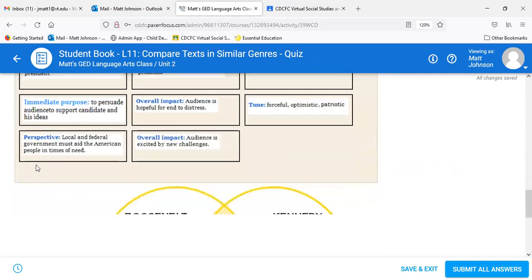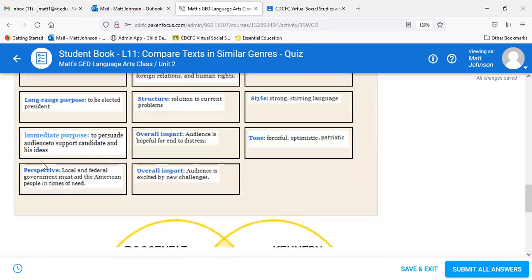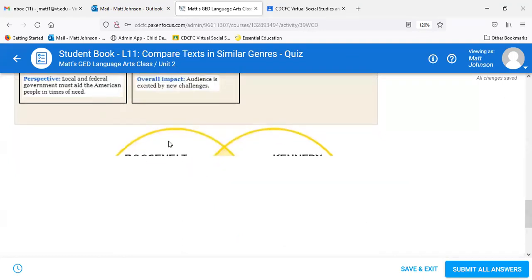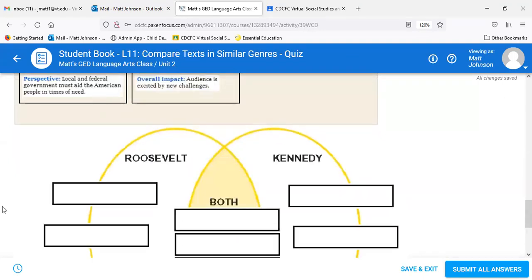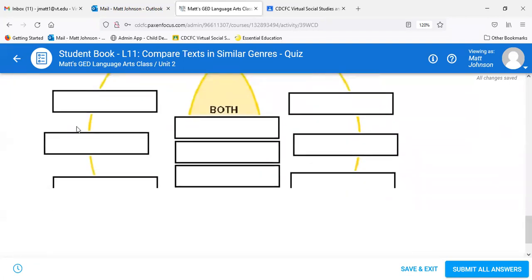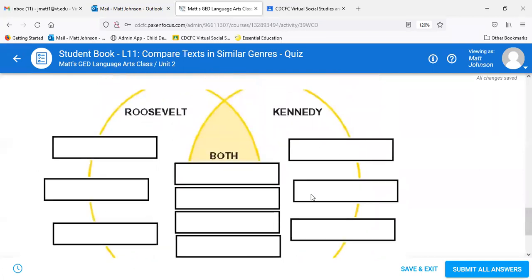And we've got a drag and drop activity here. So a Venn diagram, if it pops up for me. Come on, Venn diagram. Maybe if I click on something. Okay, there it goes. So our Venn diagram: Roosevelt, characteristics from his speech over here, the 3 on the left, and then Kennedy, 3 on the right.